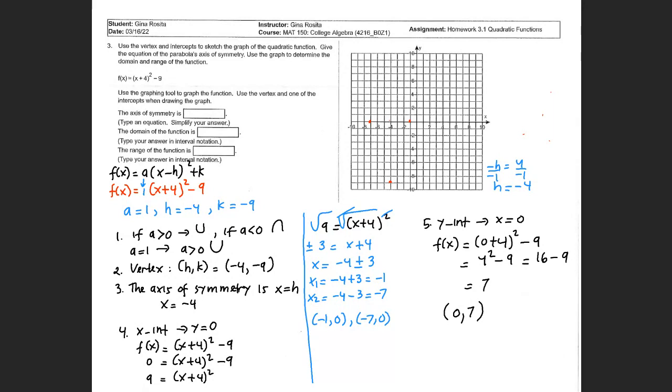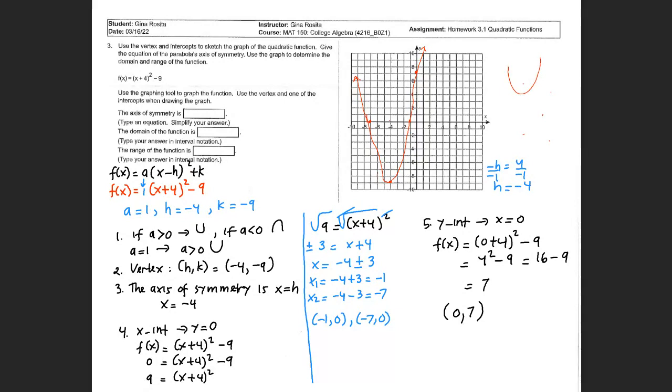The point is 0, 7, over here. So now just draw a line. Okay, my graph is so bad, but it's fine. But remember, the parabola opens upward.